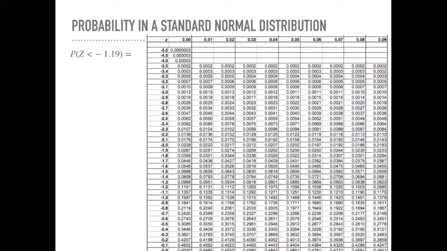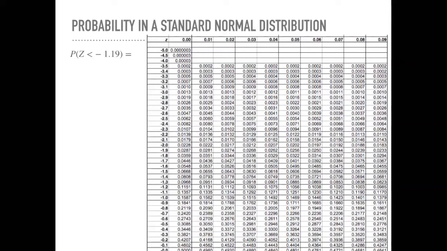There's going to be 2 different pages to your distribution table. There'll be one that'll have negative z-scores, and there'll be one that'll have positive z-scores. Now, negative z-scores are going to be for values that are below the mean, and positive z-scores will be values above the mean.